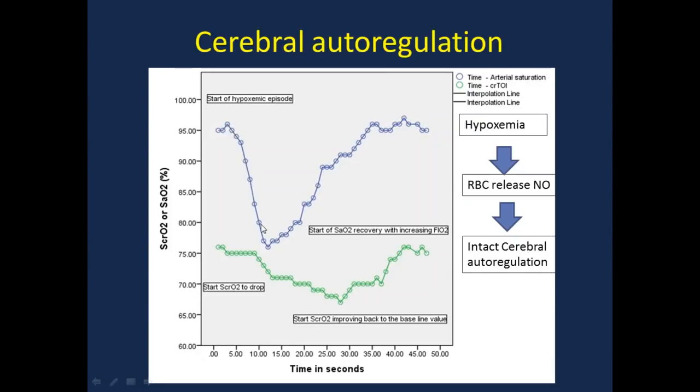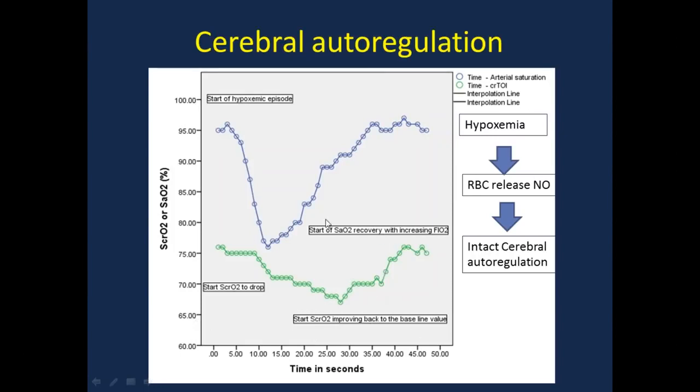The blue line represents oxygen saturation, and the green dots represent the brain or cerebral oxygen saturation by near-infrared spectroscopy. This is one of our infants when the saturation dropped from 95% to almost 75%. The cerebral saturation did not change significantly and stayed above the acceptable level, above 65%.